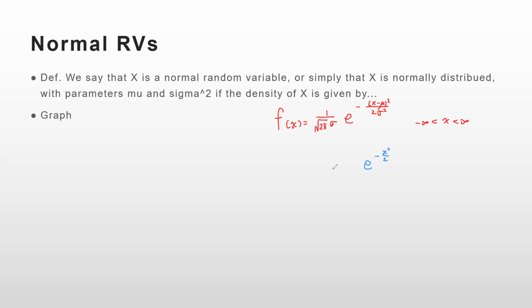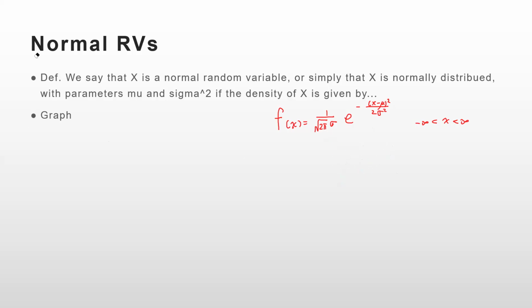And then you have the parameters mu and sigma, they represent something we're going to talk about. And then you need to have the normalizing number so that the integral of everything would be 1, because we're talking about a PDF. So this is basically the norming constant. Okay, so the core is e to the negative x squared.